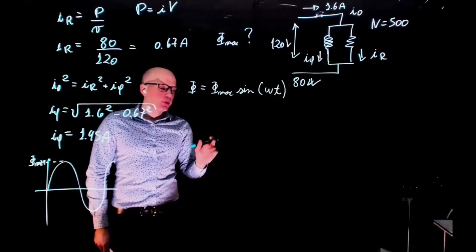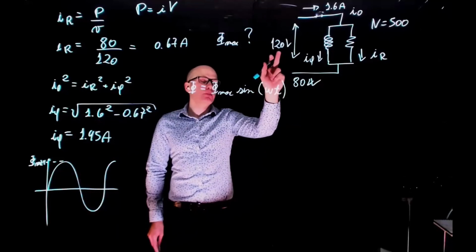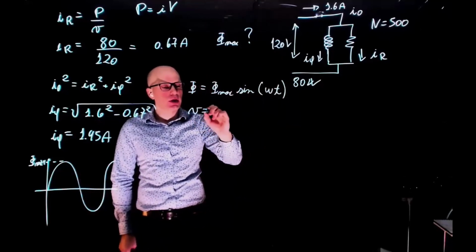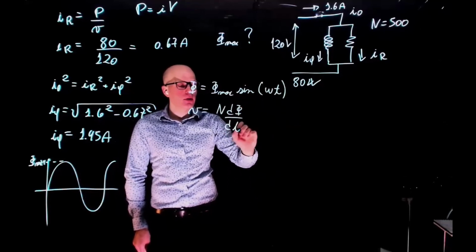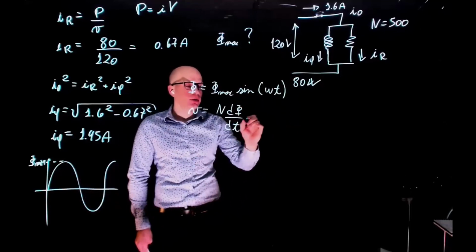What is now the relation between the magnetic flux and the input voltage? We know that the voltage is N d phi dt, as we saw early on.